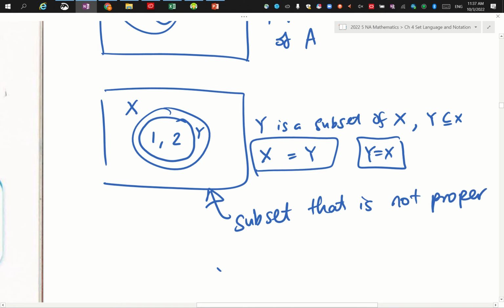A subset that is not proper implies that X equals Y. Okay? You have to know the difference between proper and just a usual subset. A normal subset just implies that it could be proper, it could be equal. Okay?